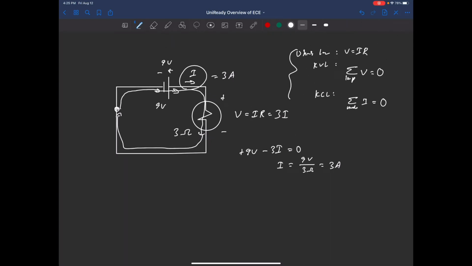I'm not going to go through any more examples because circuits are more about getting used to these 3 equations than any kind of difficult math. The most difficult math you do with electric circuits is solving very big systems of equations.